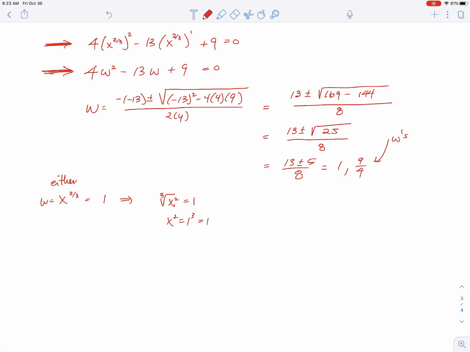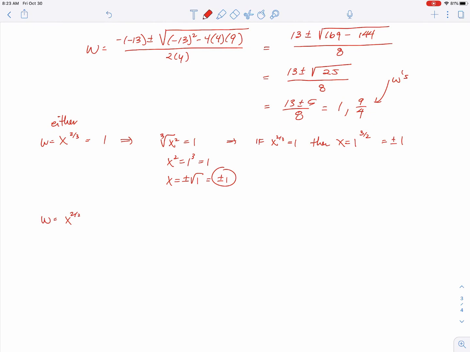And then we'll take the square root of both sides, which is x is equal to plus or minus the square root of 1, which is plus or minus 1. Alternately, you could have just used the reciprocal power. If x to the 2/3 is equal to 1, then x is equal to 1 to the 3/2, which is plus or minus 1.